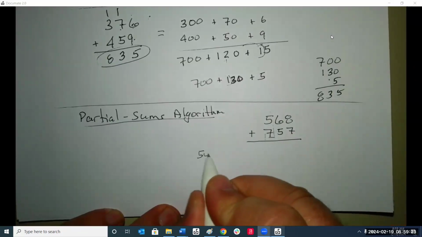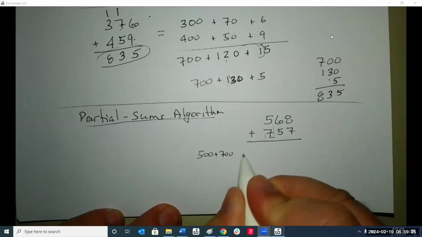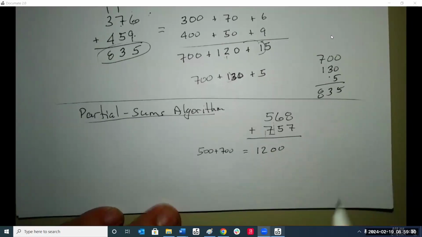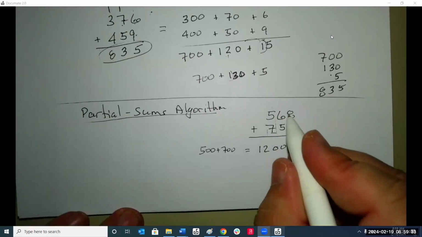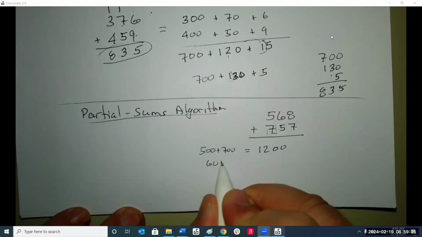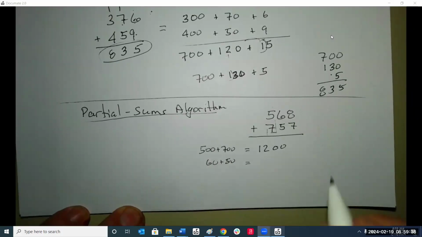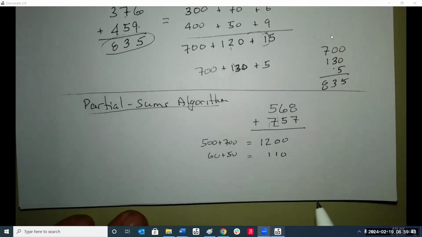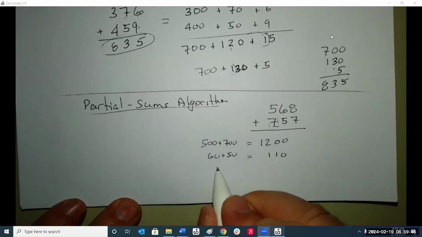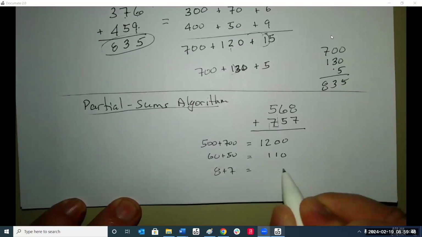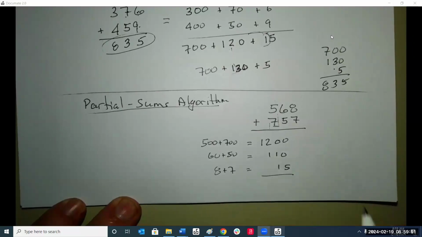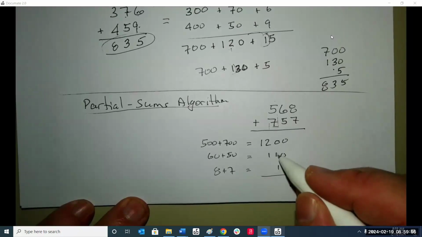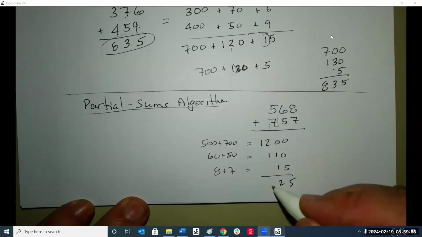That's 500 plus 700 equals 7 plus 5 is 12 with 2 zeros behind it. Then we have the 60 plus 50. There's a 0 at the end. 6 plus 5 is 11. And then 8 plus 7 is 15. So add straight down: 0, 0, 5, 1, 2, 2, 1.